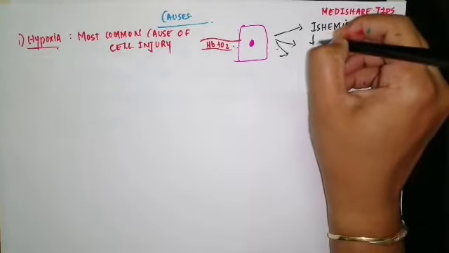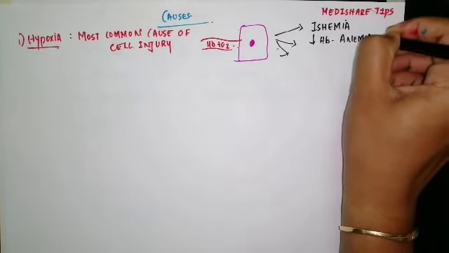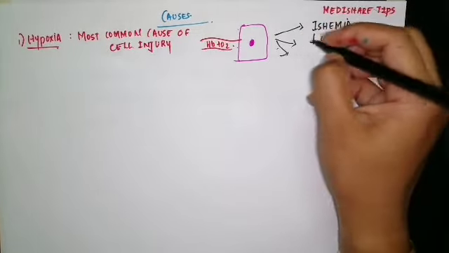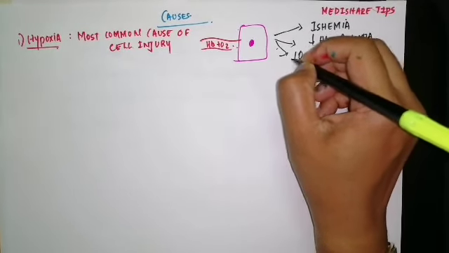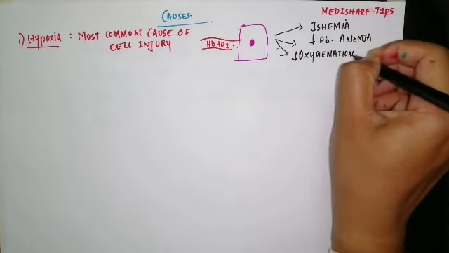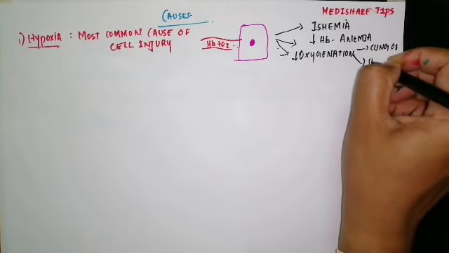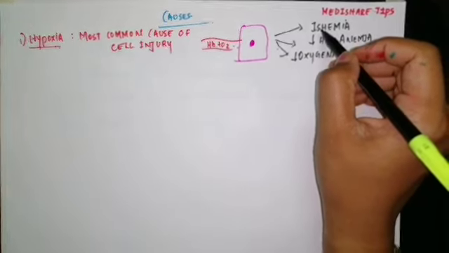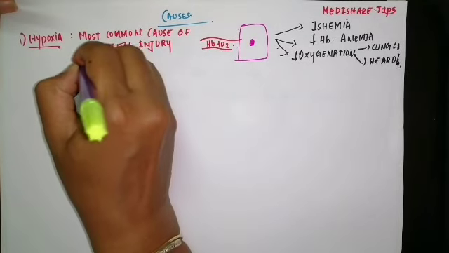Decreased hemoglobin, that is anemia, or decreased oxygen carrying capacity of hemoglobin due to carbon monoxide poisoning can also occur, or decreased oxygenation due to lung or heart disease. Out of this, hypoxia due to ischemia is the most common cause.